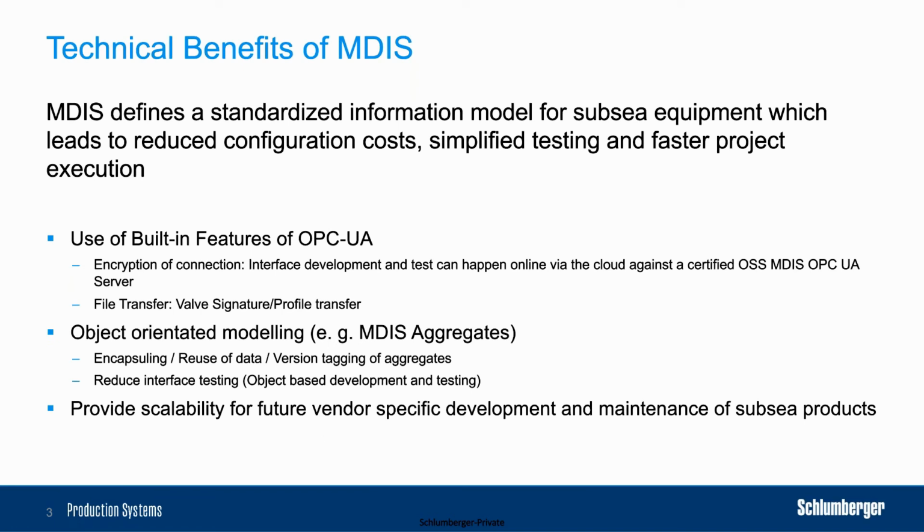From a technical perspective, OPC-UA provides a lot of interesting features. One of them is the encryption of connection, which makes it possible that we can develop and test our interface online.